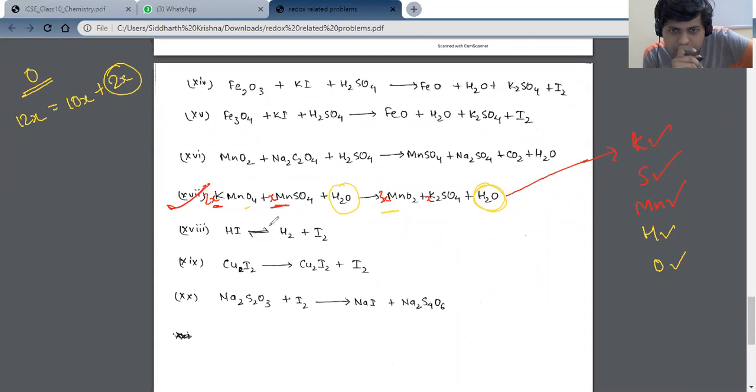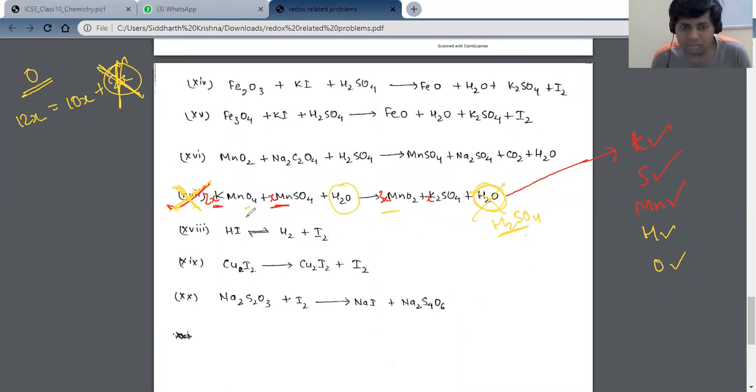So why plus 2x? This is a little wrong. Okay, leave this question. I think I wrongly wrote something. Maybe the H2O should be the same as H2SO4. So H2 and that will be H2.